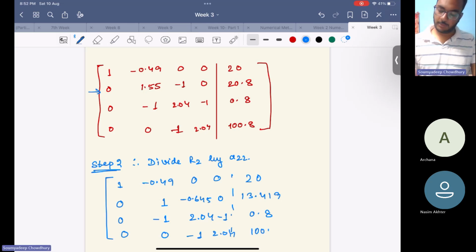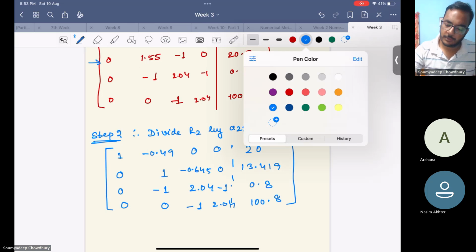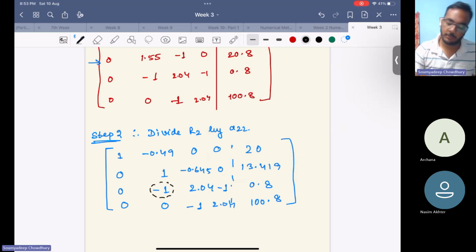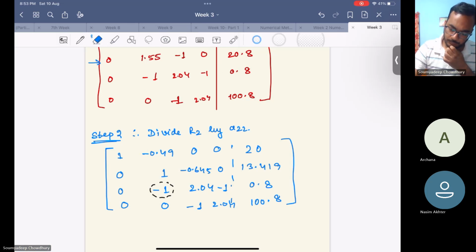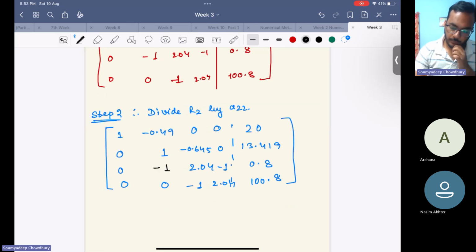0.04, 100.8. So again, the next step, A32 we have to make equal to 0, right? We have to make R3. R2, 1 we have made.